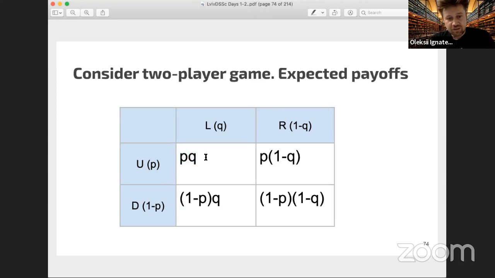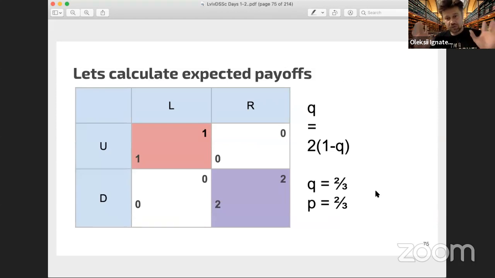If you have some payoffs here, the probability of this outcome is this, and of that outcome is this. To calculate expected payoffs, you need to take the real payoffs and weight them by the probability of meeting each outcome.